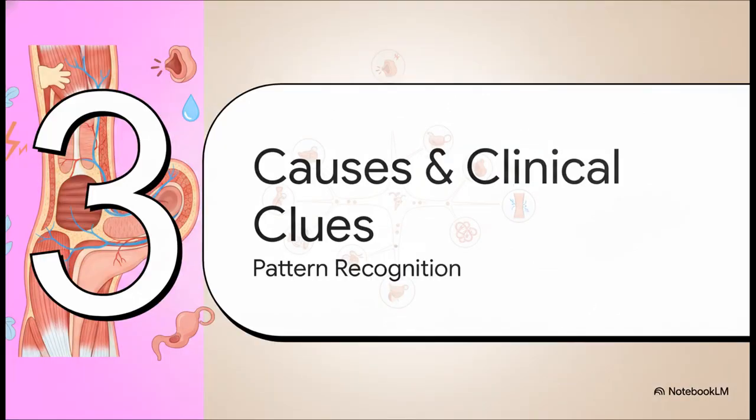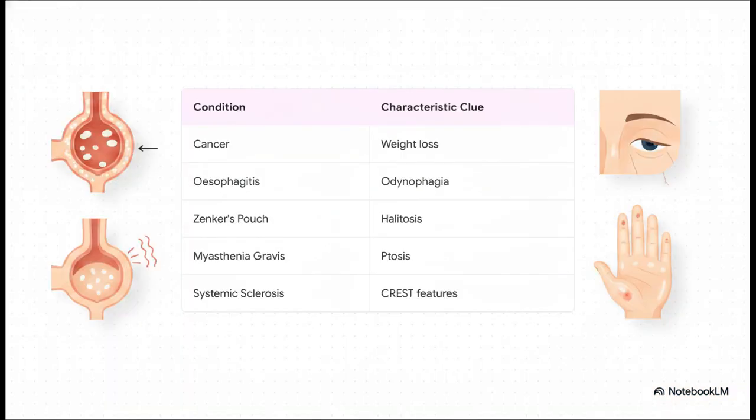Section 3. Common causes and clinical clues. Next up, we need to populate those two main physiological pathways with the actual diseases we're going to encounter and the rapid-fire clues they leave behind. The patient's history practically hands you the diagnosis on a silver platter before you've even ordered a single test. For instance, if a patient has pain during swallowing, odynophagia, we're almost certainly dealing with inflammation or an infection like candidiasis.